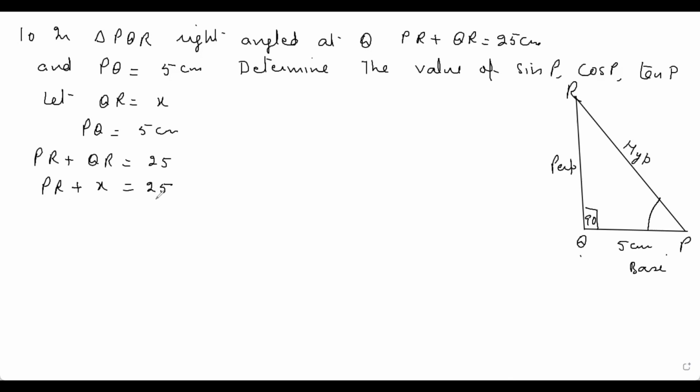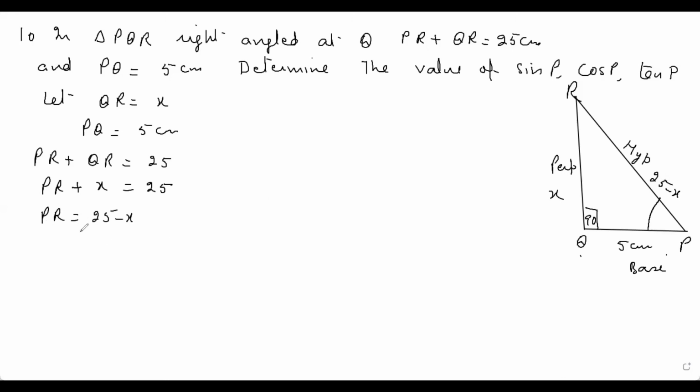PR plus X is equal to 25. So PR is equal to 25 minus X centimeter. So this is X centimeter and this is 25 minus X centimeter.